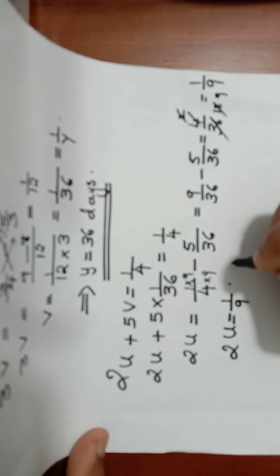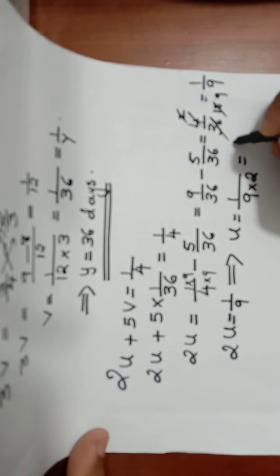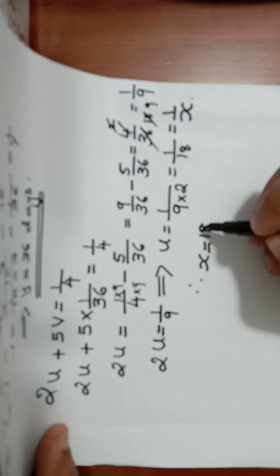Therefore u is equal to 1 by 9 already there, and the 2 goes to the denominator. So 1 by 18. u equal to 1 by x. Therefore x is equal to 18.